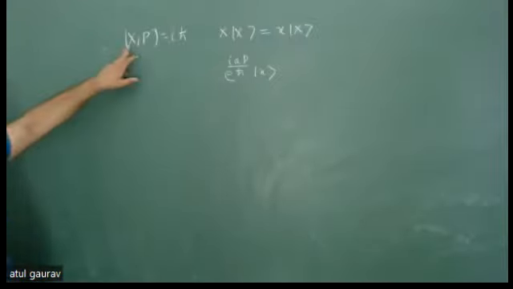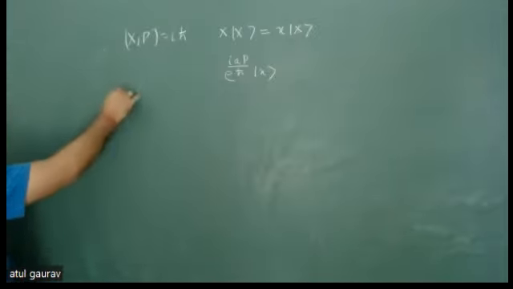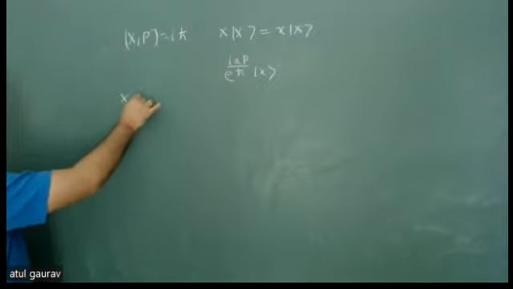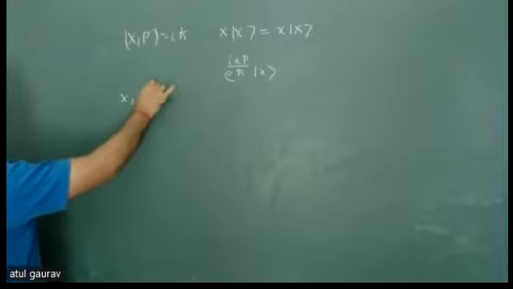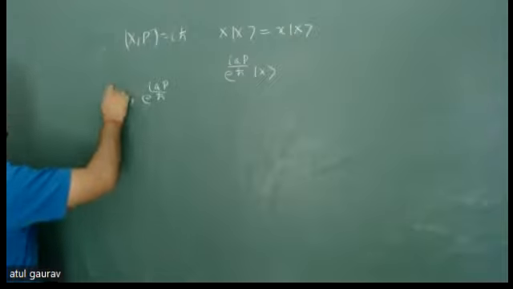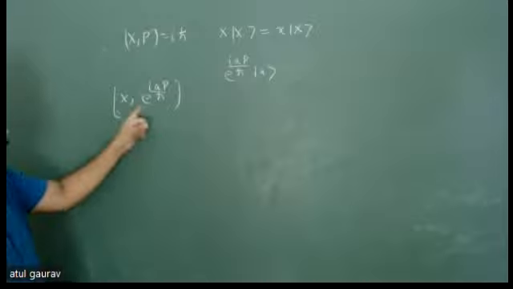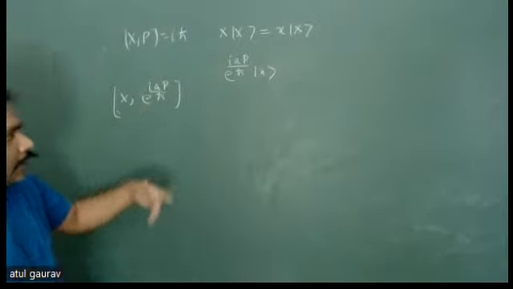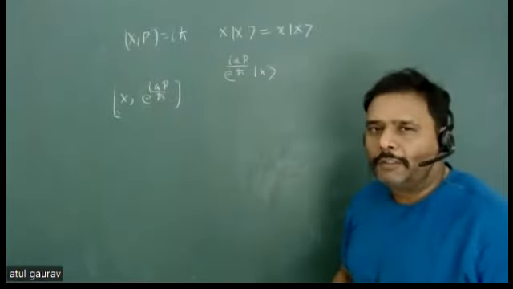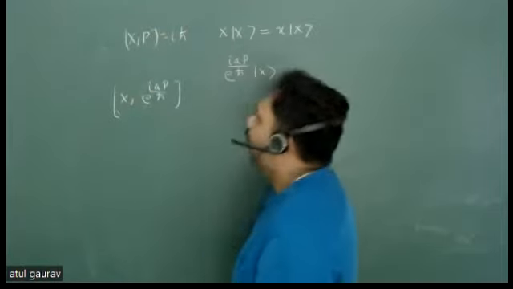Okay, so now we have [x, p] equal to i h cut. Let us try to figure out the relationship between x and the commutation with e to the power i a p upon h cut. If we are finding this particular commutation, we can find it either with the help of Taylor expansion or by using the Poisson bracket, and multiply it by i h cut, because [x, p] is nothing but i h cut.